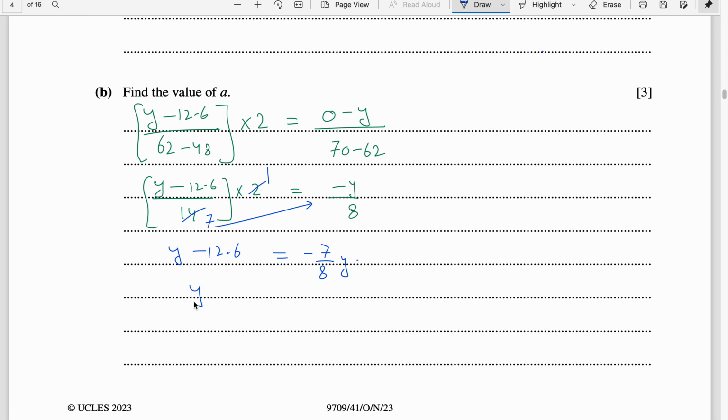Rearrange the equation. Y plus 7 by 8 y is equals to 12.6. 15 by 8 of y is equals to 12.6. Y is equals to 12.6 into 8 by 15, which is equal to 6.72.